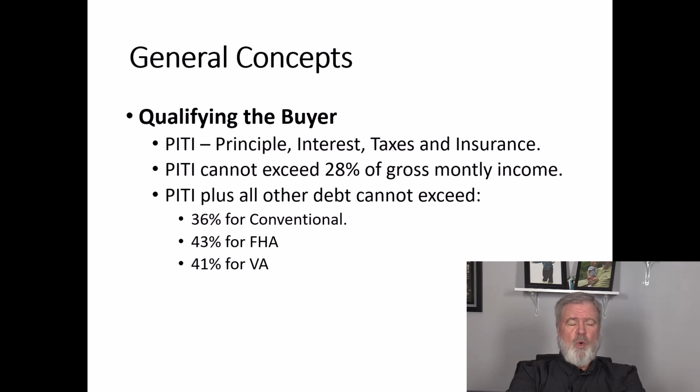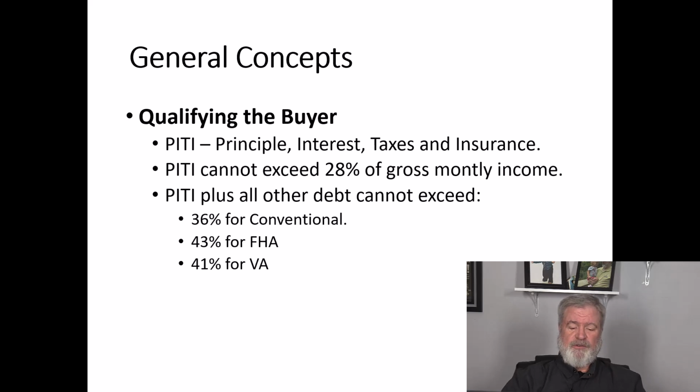Now, when it comes to qualifying the buyer, it says your PITI payment, whatever that payment would be after all four of those components are added up, cannot exceed 28% of your gross monthly income. Cannot exceed 28% of your gross monthly income.